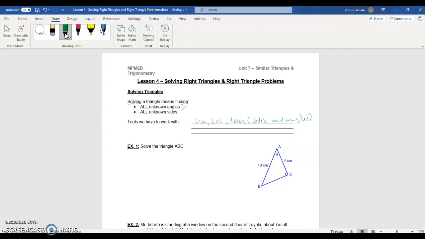We also have our Pythagorean theorem. And this basically lets us find sides. And then we also have the sum of the interior angles.